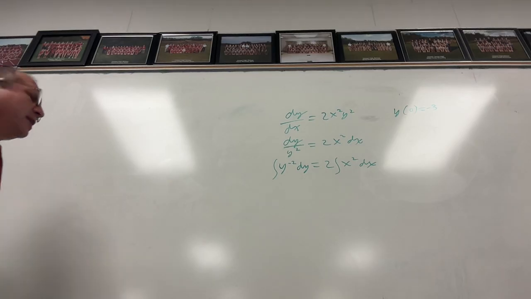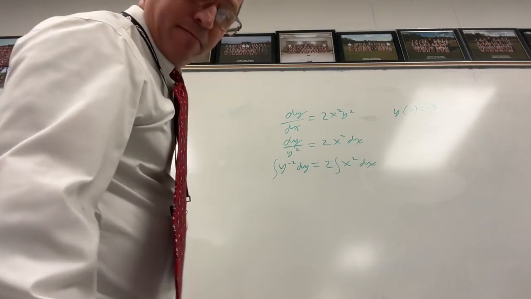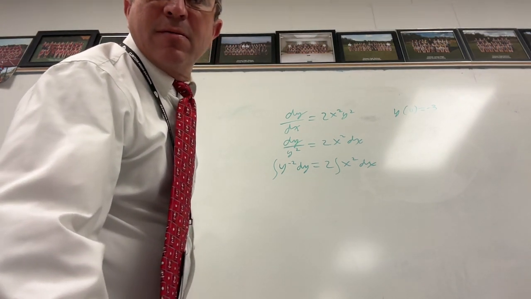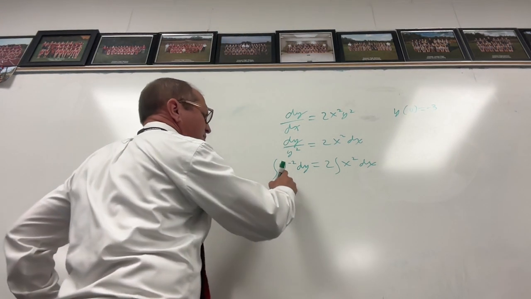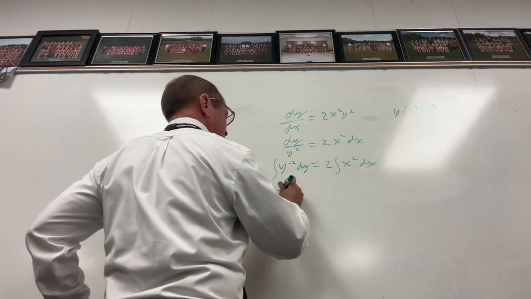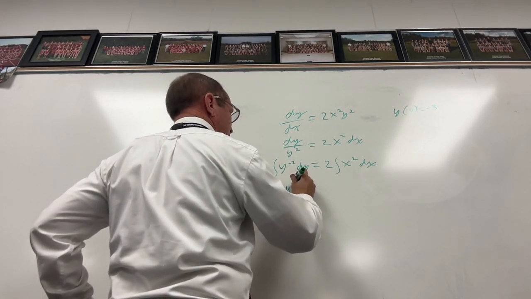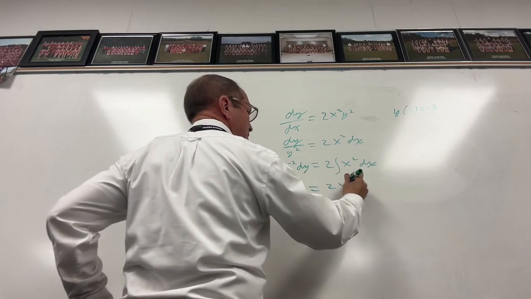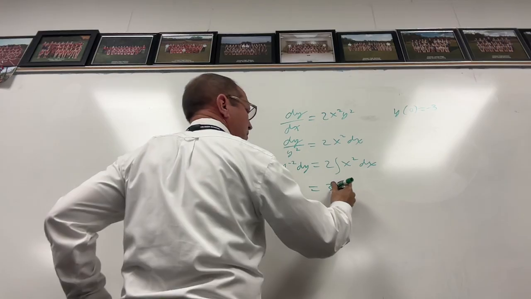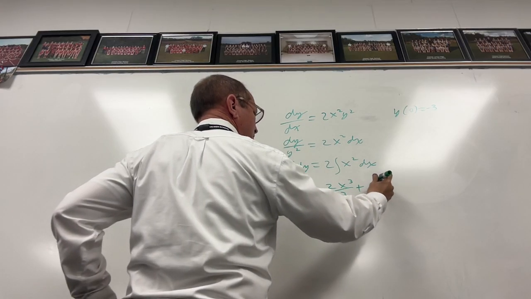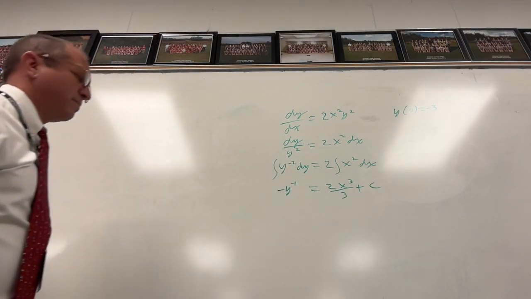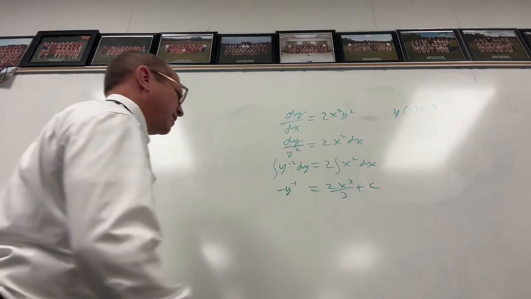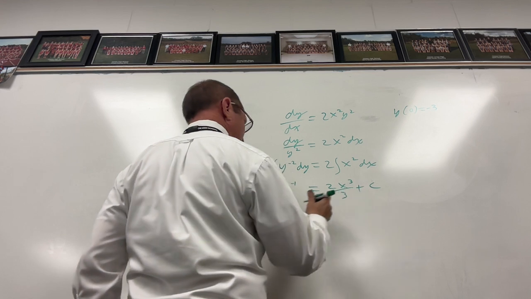All right, so what would happen next here? Take the antiderivative. Okay, so this would be negative y to the negative 1, and I'm going to multiply both sides by negative 1.